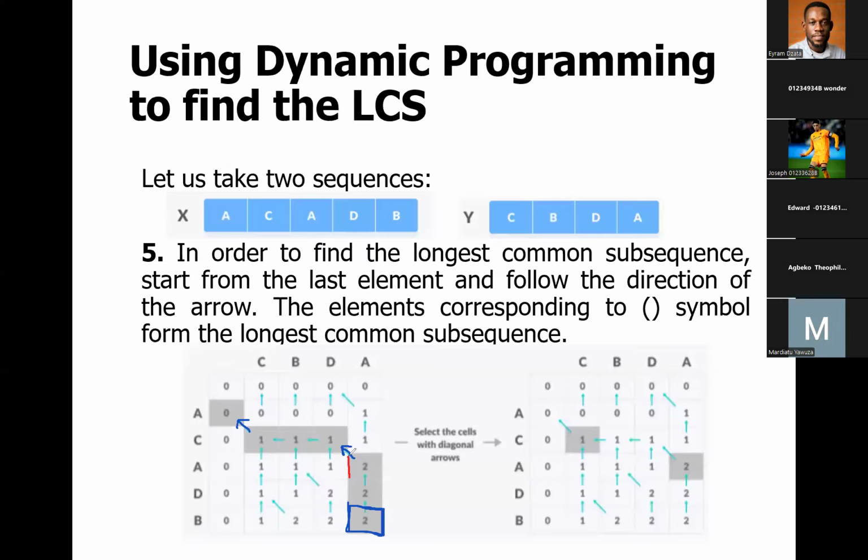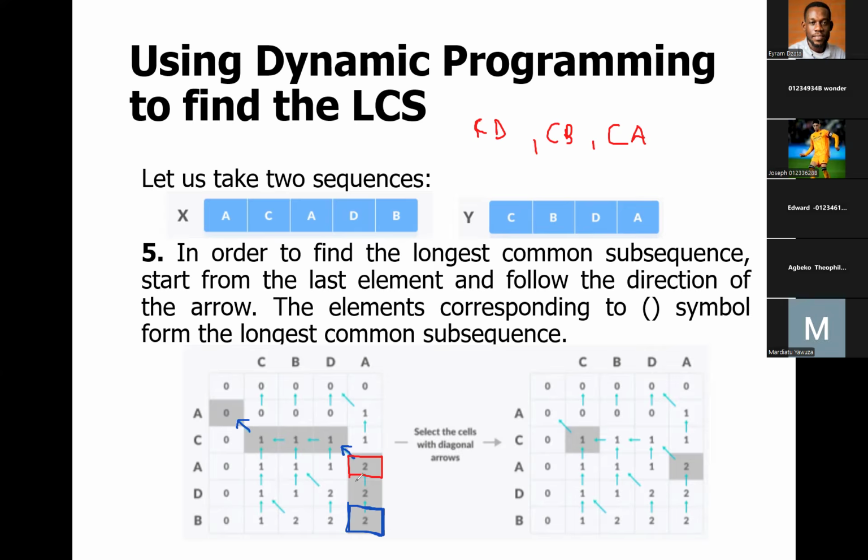So for instance, we saw the sequence as what? You guys mentioned it. You said CD. Someone also mentioned CB. And someone also mentioned CA. This is what you see by observation.